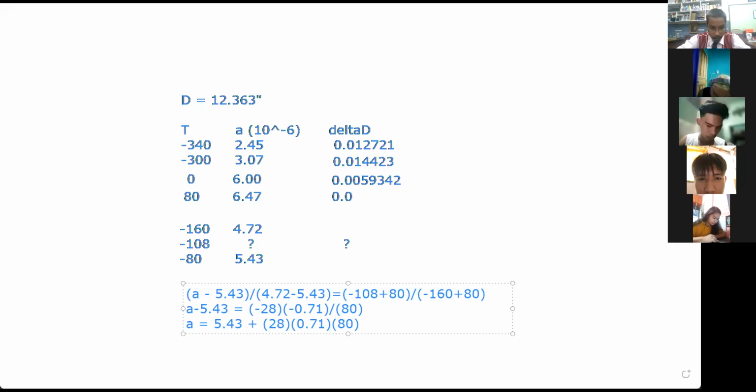So just use our calculator. 5.43 plus 28 times 0.71 divided by 80. Okay. So I will share my calculator.